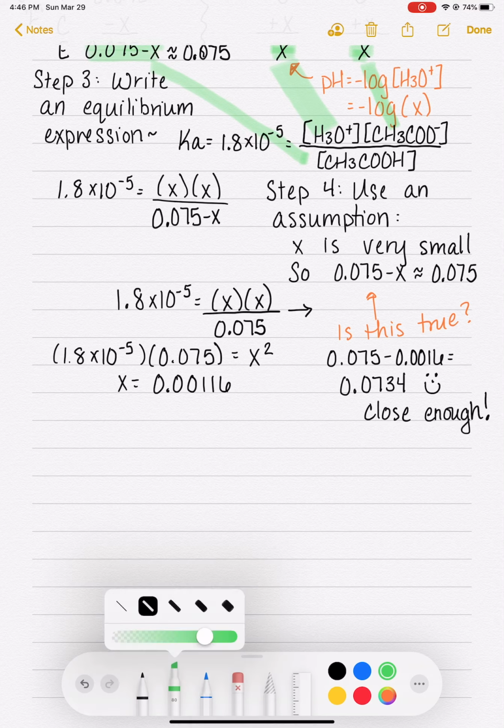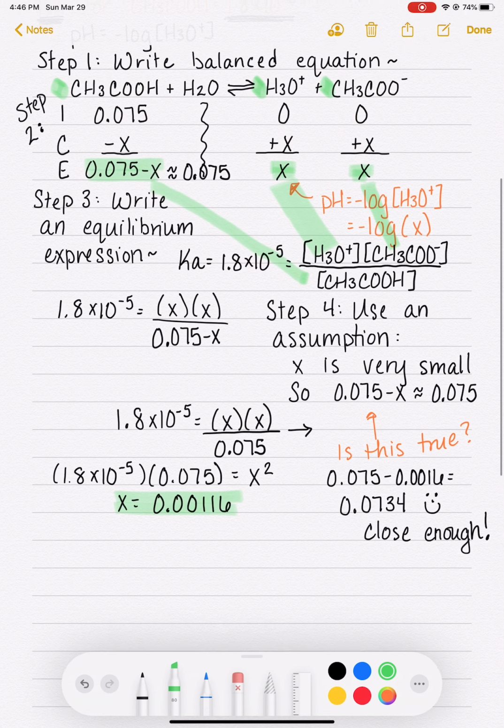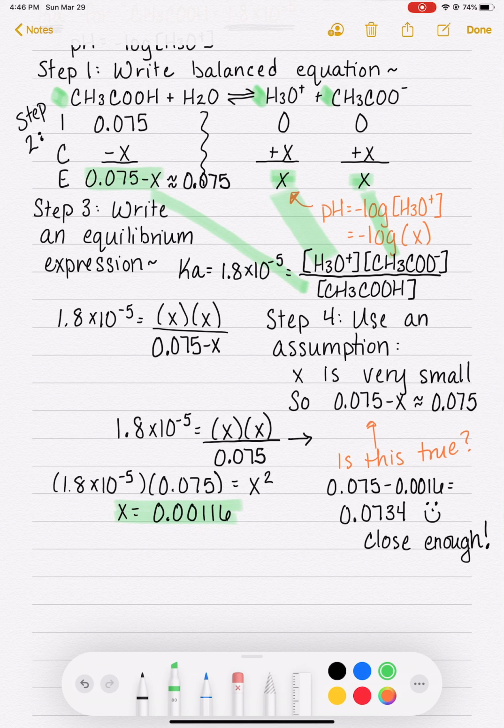We've got a value of X. And let's remember, in our ICE table, the value of X is what we want to plug into the pH equation.